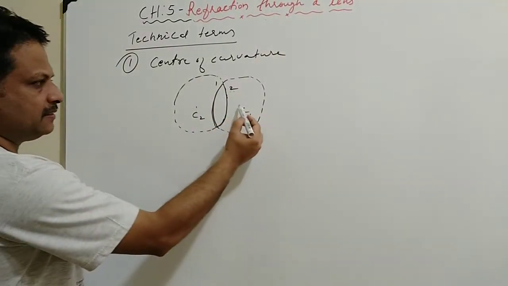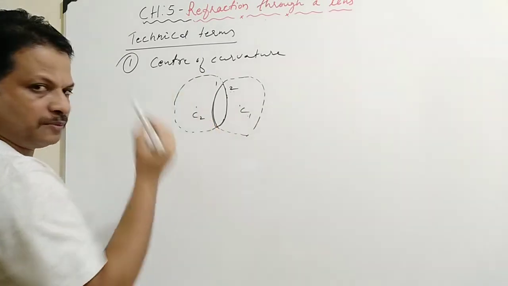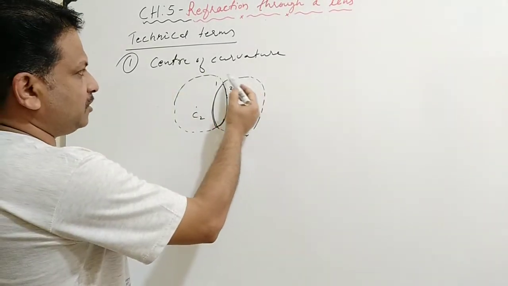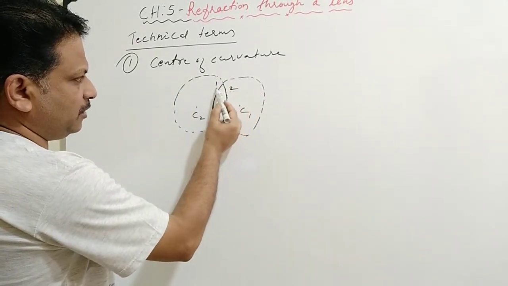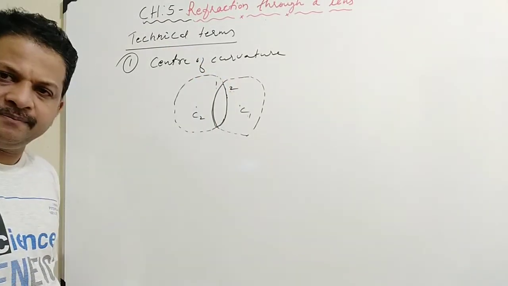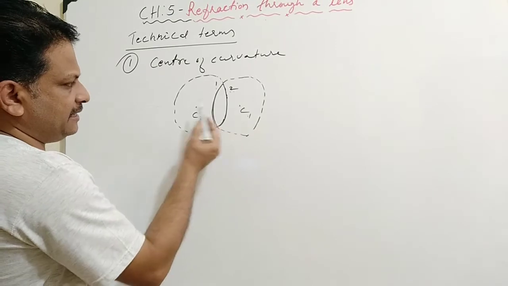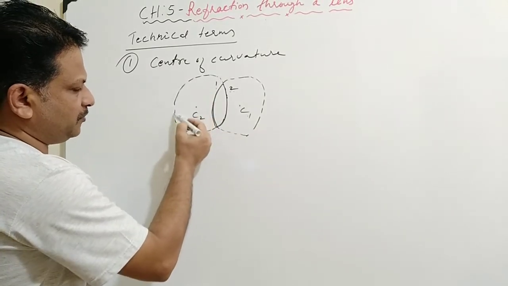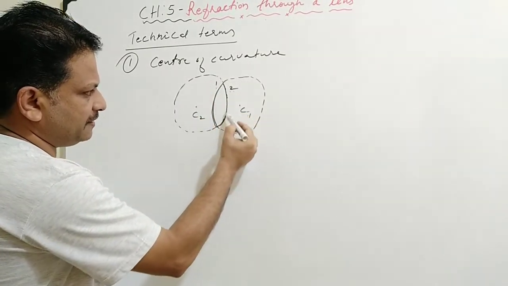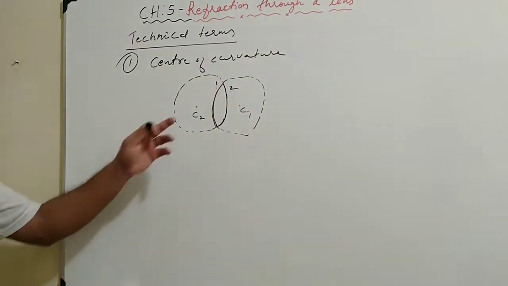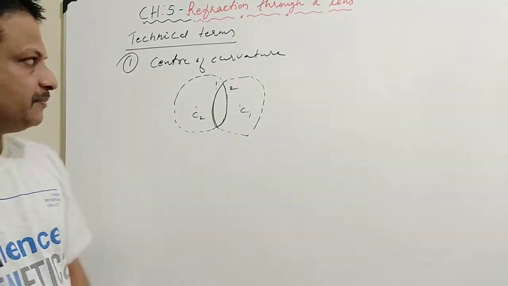So I can say C1 and C2 are the centers of curvature of the spherical surfaces 1 and 2 respectively. Clear? So center of curvature is nothing but the center of the imaginary sphere of which the curved surface is a part. That we call center of curvature.